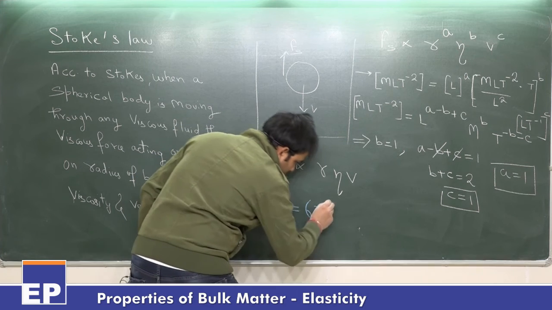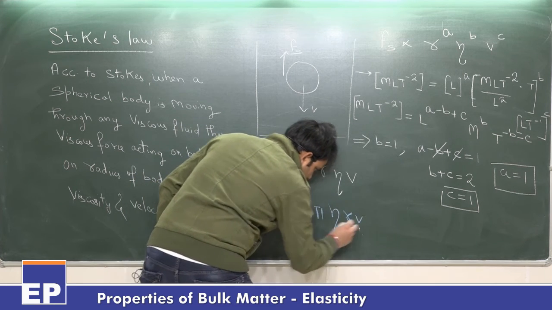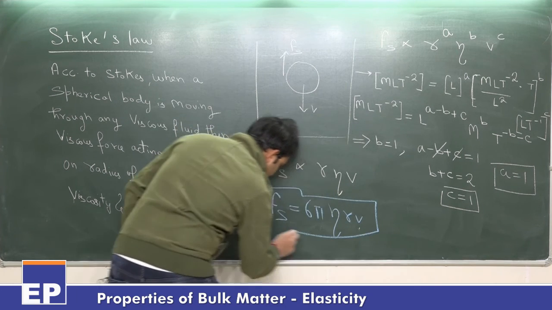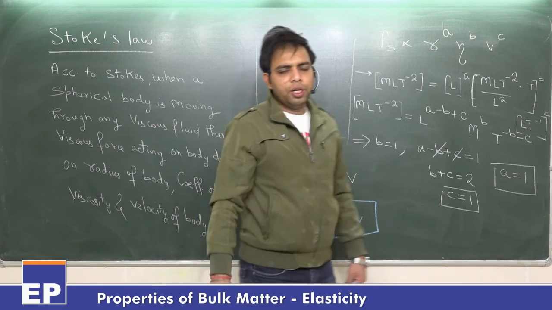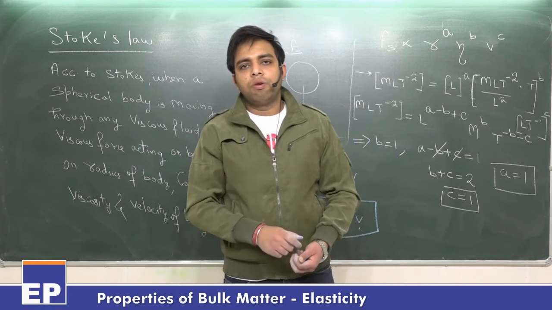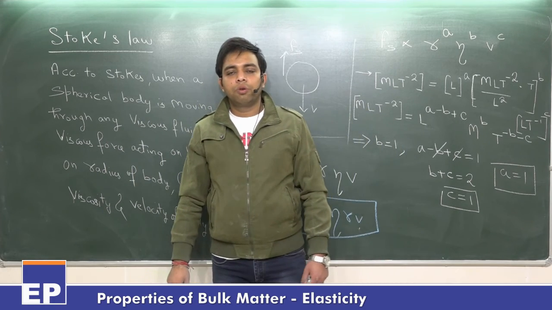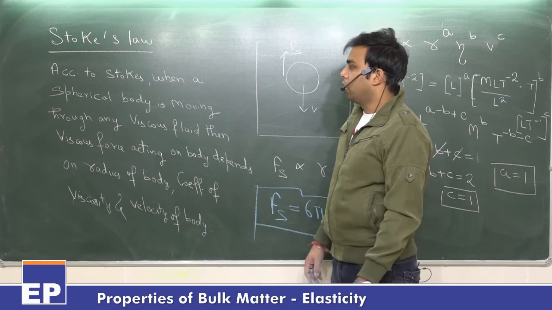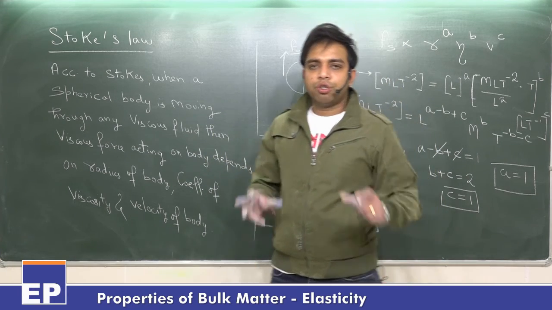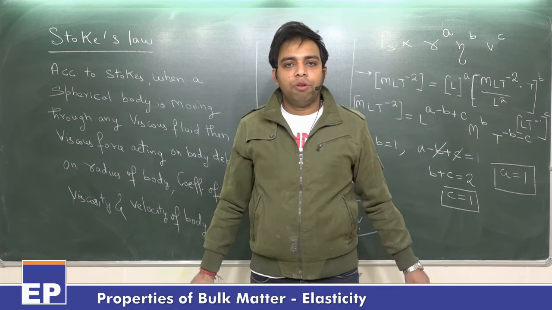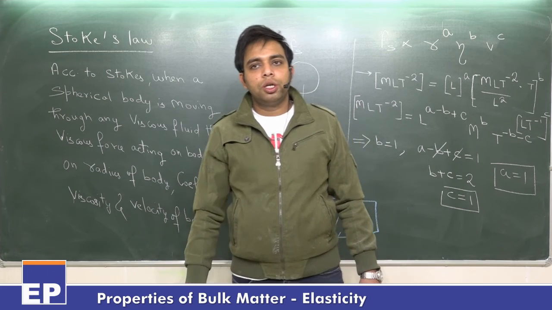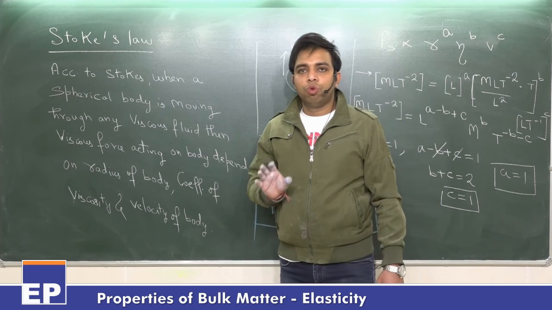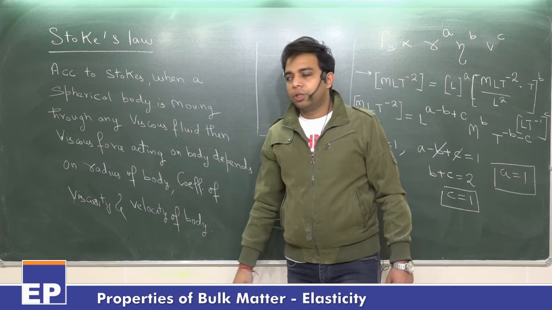The force is 6 pi eta R V. That is the force acting on it, and you can say it is Stokes law. From there you can calculate the force acting on any spherical body when it is moving through any fluid. That is Stokes law.